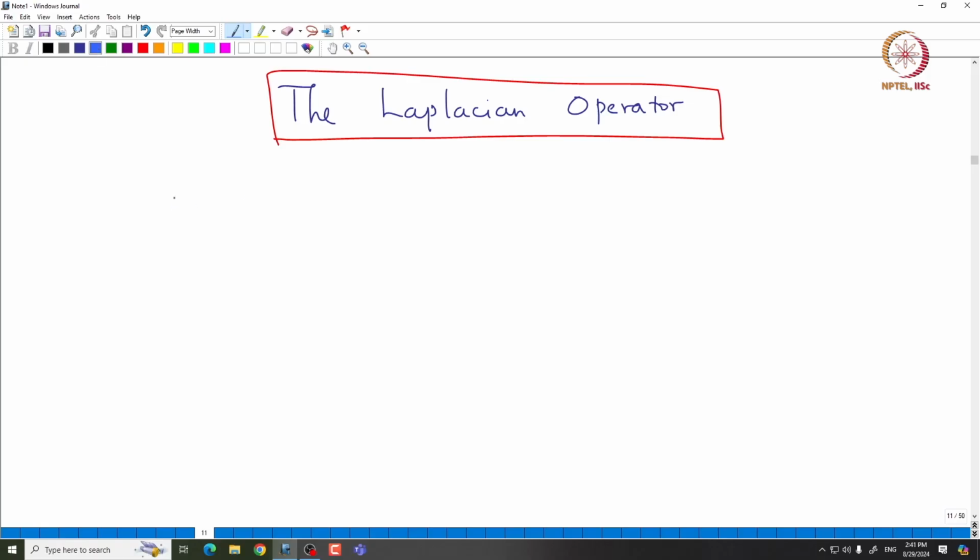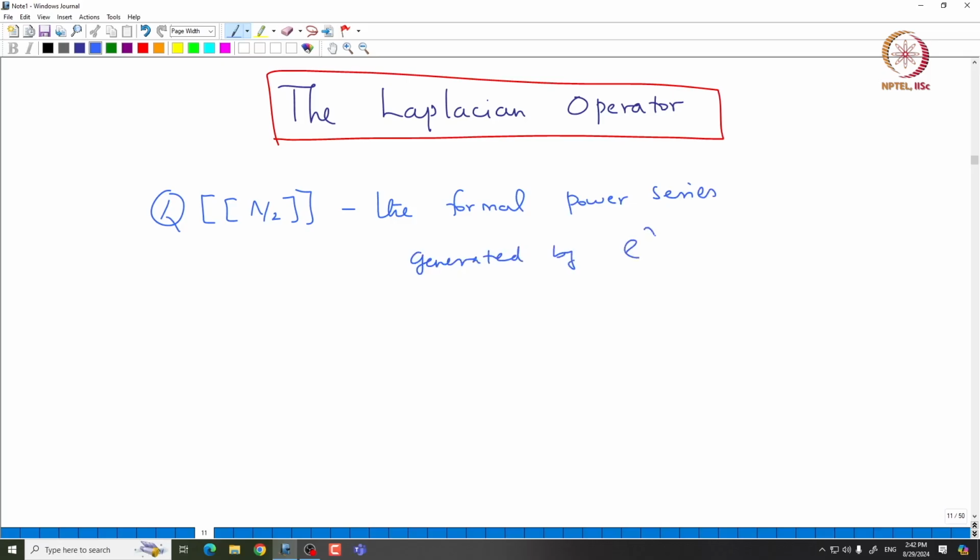So, recall this Q double bracket lambda by 2. This is the formal power series generated by e power lambda, where lambda comes from lambda by 2, over the rationals.